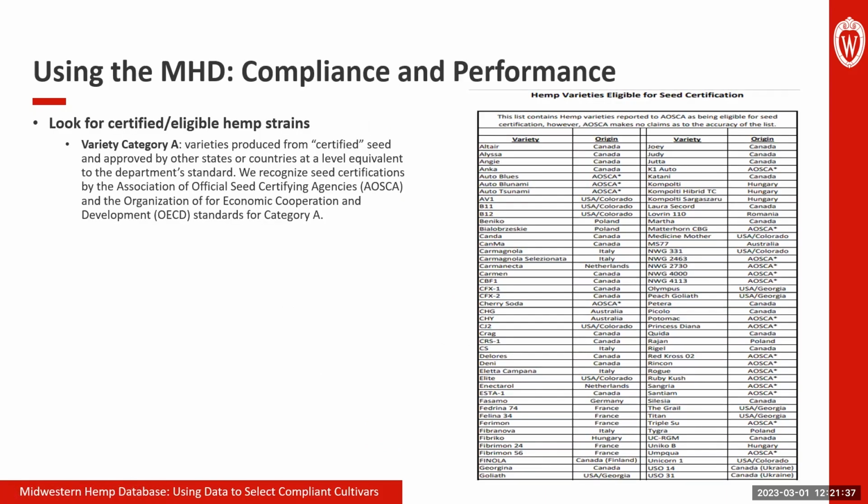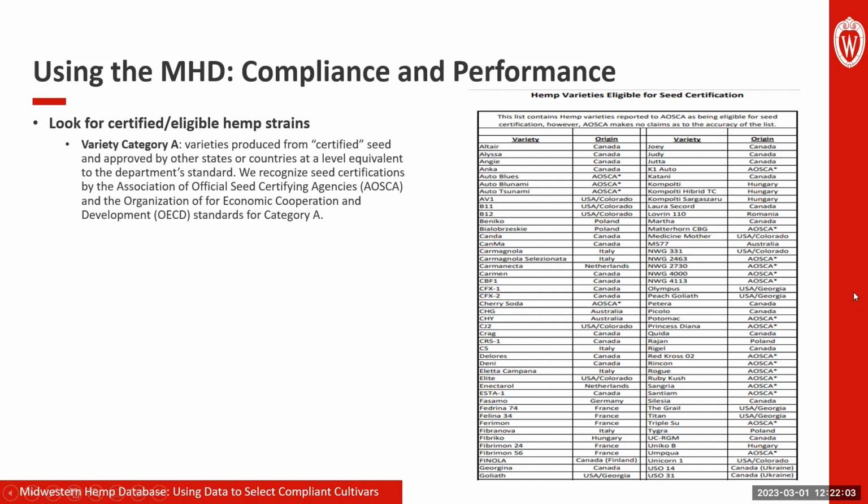So how can we use the database itself? One is to look for certified or eligible hemp strains. These are varieties that may have been certified by AOSCA or comparable certifying agencies. They could be specific countries. They could be places here in the States, seed improvement associations in various states, for example, Colorado has some that have been approved.